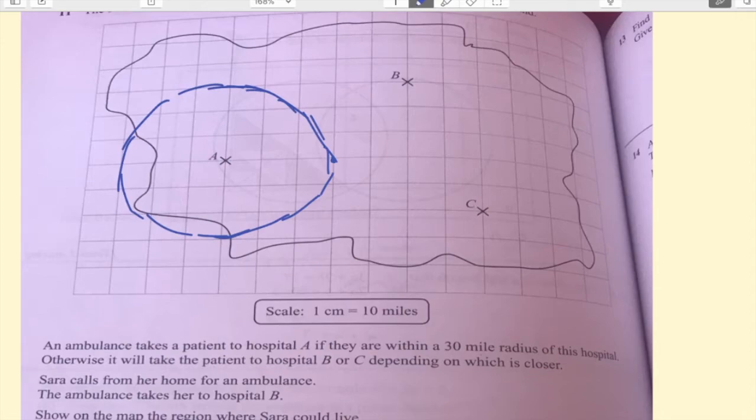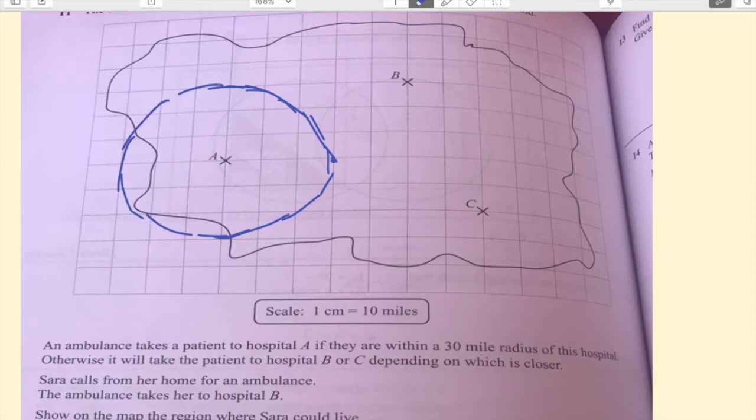The next thing we need is the line between B and C that divides the distance in half, or we call that the line of equidistance, where every point on that line is equal distance from B and C. And the way that we find that line is by drawing the perpendicular bisector of B and C. And we can construct that using just a compass.